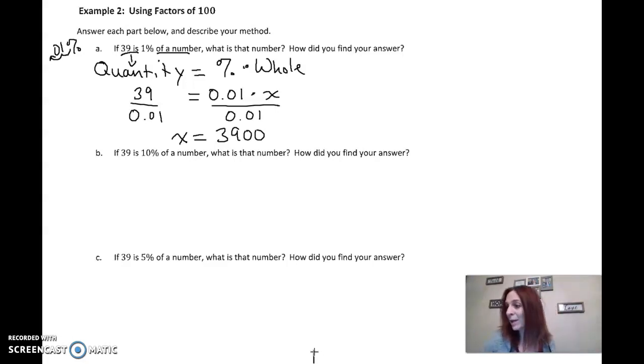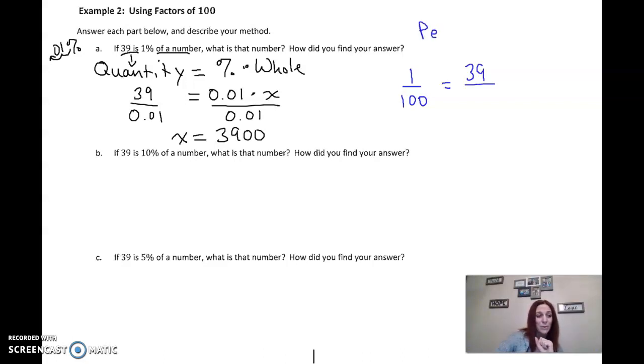So another way we could think about this is, let me write down, 1% is 1 per 100. We have 39, and we want to know that's 39 out of what number here, right?